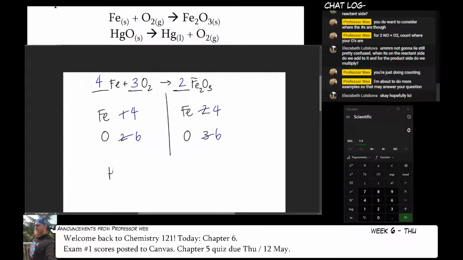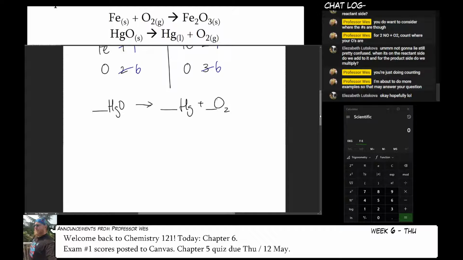And then for the next one, we have that. So I got one of each, because it's what my formula says. And I got one and then two.